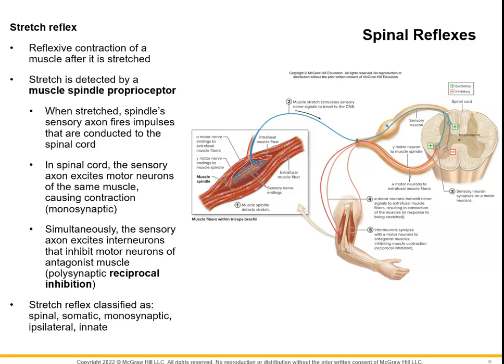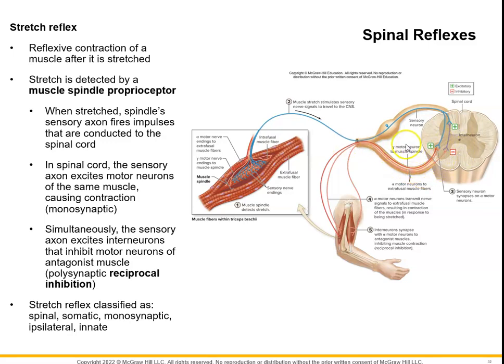So when it's stretched, the spindle sensory axon is going to fire an impulse, and those impulses are conducted through the spinal cord. So the muscle is stretched, sensory nerve fires an impulse that goes into the spinal cord. Now, the sensory axons are going to excite motor neurons on the same side of the spinal cord and the same side of the body.